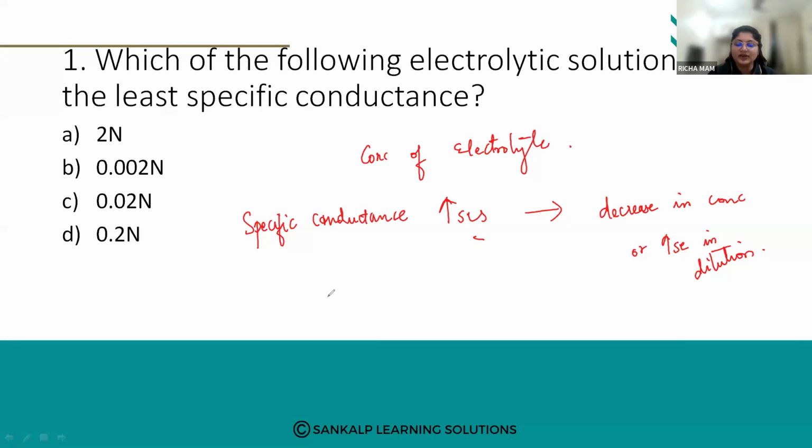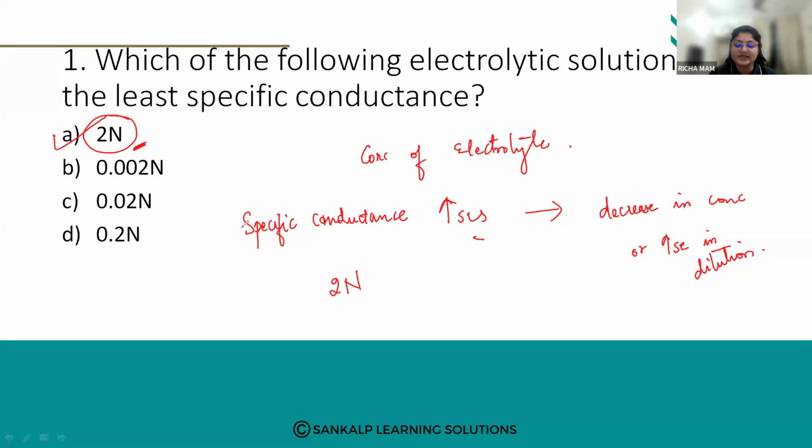So if your electrolytic solution has a concentration of 2 normal, it has the least specific conductance. So the electrolytic solution with the least specific conductance is A, because specific conductance increases with the decrease in concentration or increase in dilution.